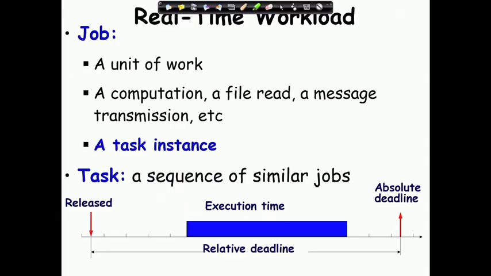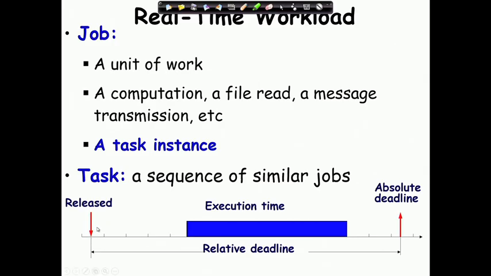So, every few milliseconds or so, when the temperature sensor gives its input through an interrupt, then the task gets generated. And when the task gets generated, we say that the task is released.